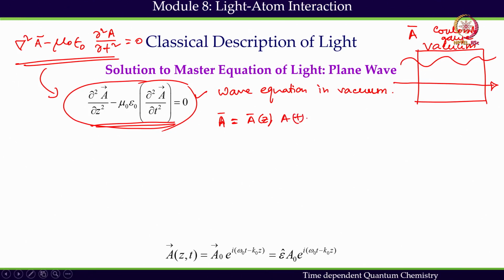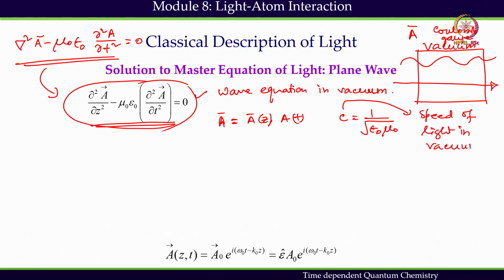Time and space will be separated, and we will say that this C is representing this constant epsilon naught mu naught. We will see that C would be finally representing the speed of light in vacuum. We'll see it later. So, this entire constant I am representing as 1 by square root of these constants, which are actually representing the C constant, and C will turn out to be the speed of light.